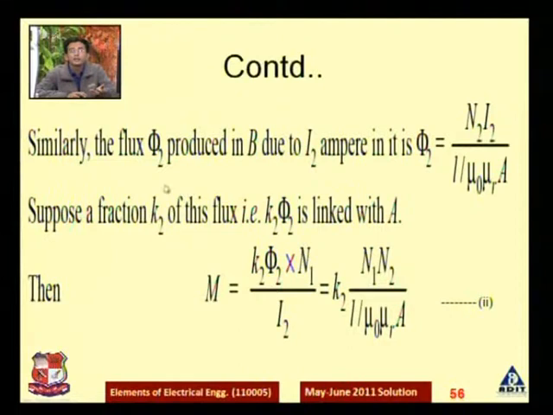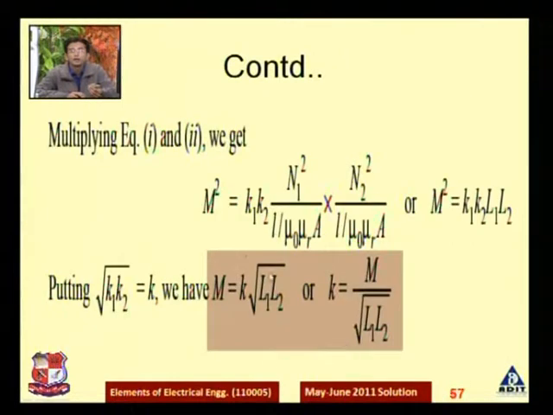Similarly you can write down equation 2, that is the flux phi 2 produced in coil B due to the current in the second coil. So you have two different equations. These two equations you can multiply and get M square.